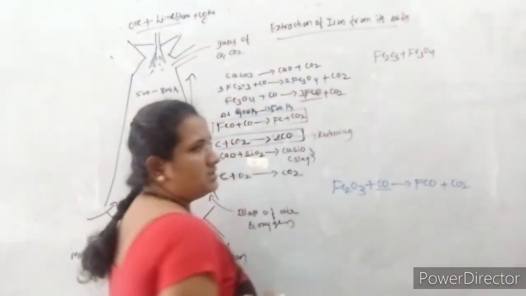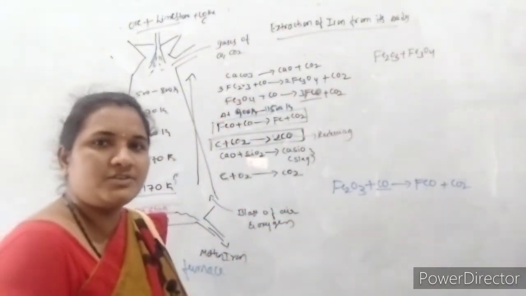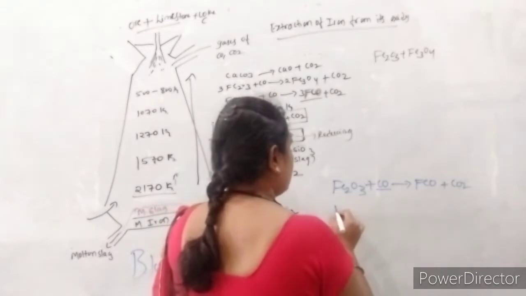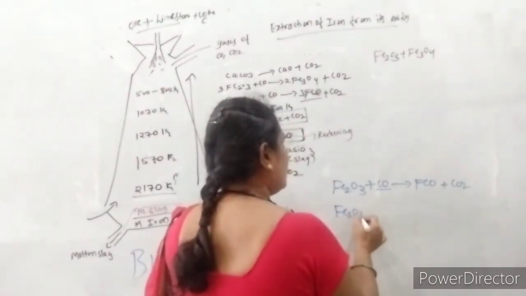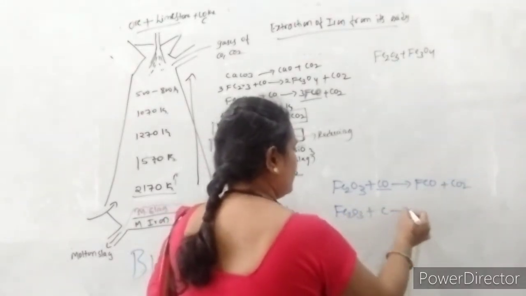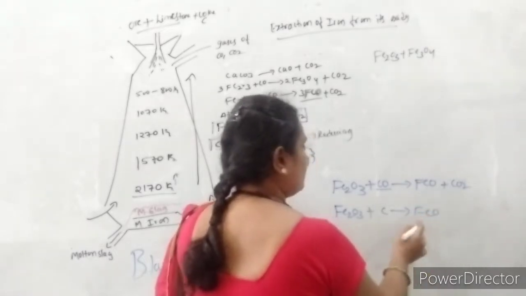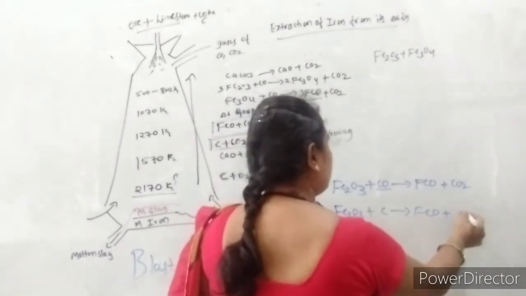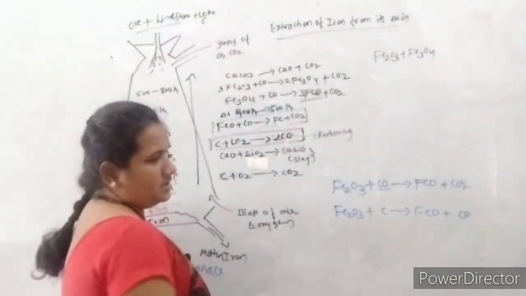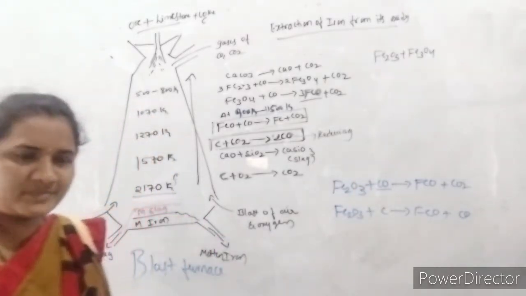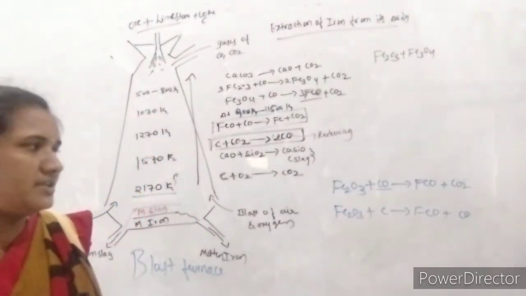So here we are using carbon monoxide as a reducing agent. Another possibility is that Fe2O3 is reduced by carbon, and again we get the formation of iron with the liberation of carbon monoxide. Further, the iron oxide should undergo reduction into iron.